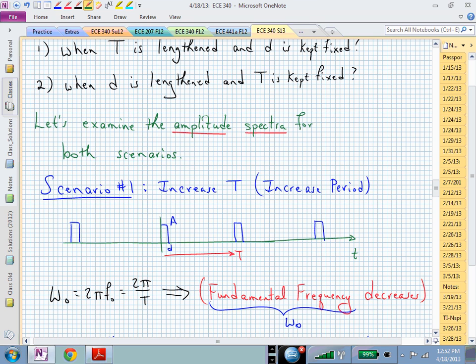Now if we increase capital T, if we make our pulses happen less and less frequently, then what happens to omega naught? It's going to decrease, isn't it? So now the spacing between those lines in our line spectra is going to be closer together.